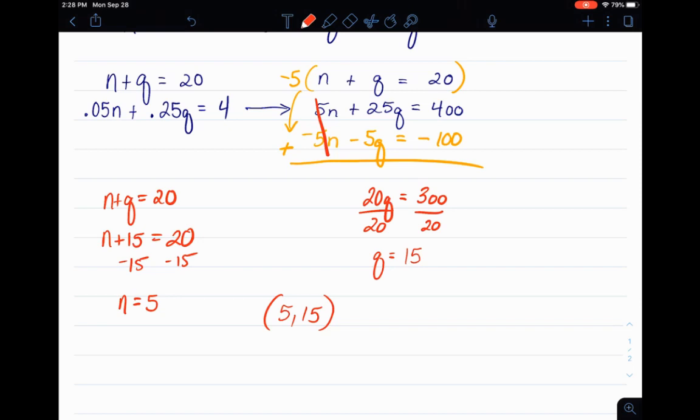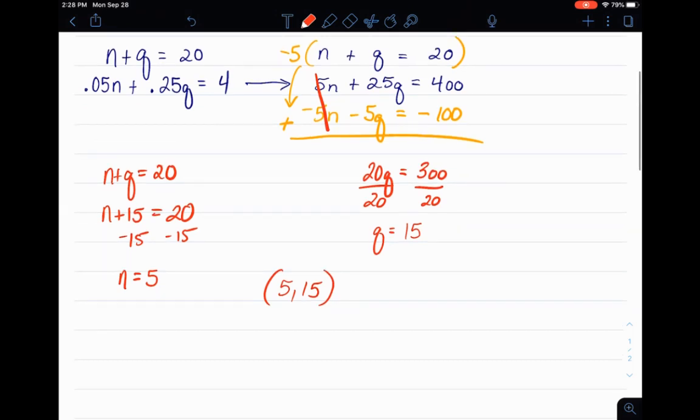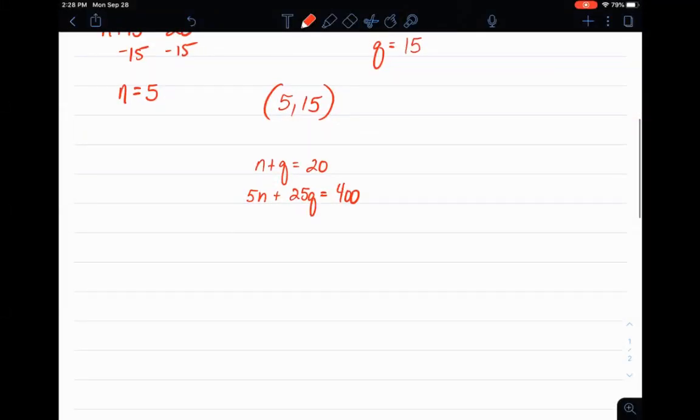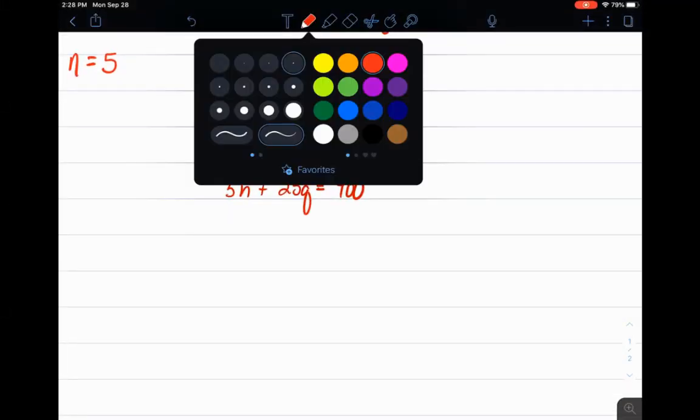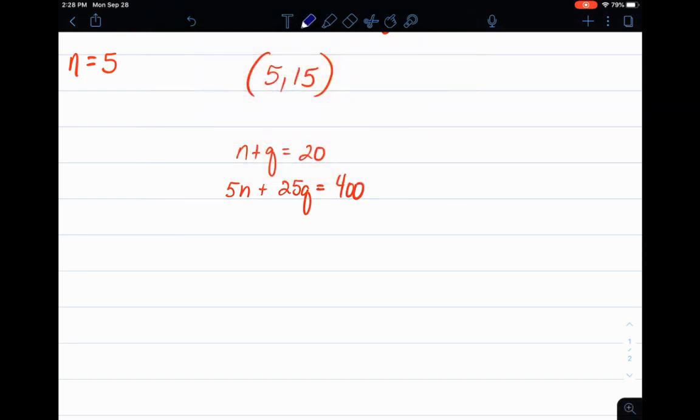Now, let's say we had decided to go the other route. So let's say that we had decided we wanted to do the q's. What would I have to multiply that top one by?